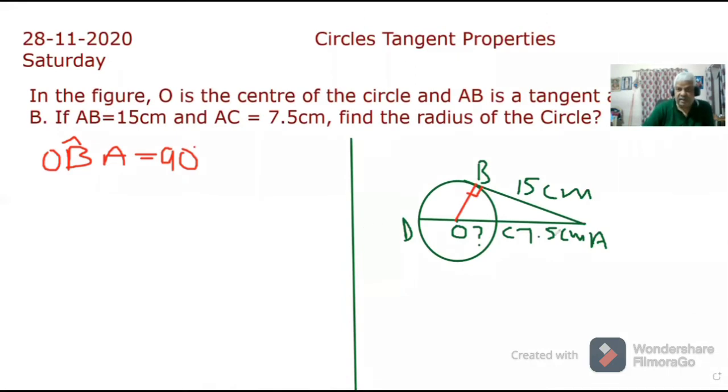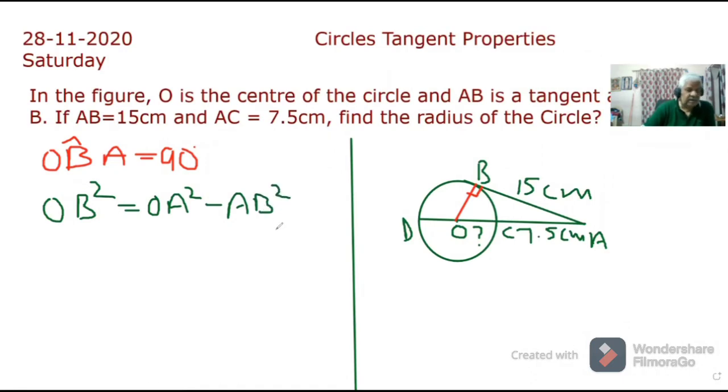Okay, here is what the Pythagoras theorem you can take. OB square, the radius we have to find. OB square can be written as OA square minus AB square. Remember children, the square of the radius can be written as OA square minus AB square.